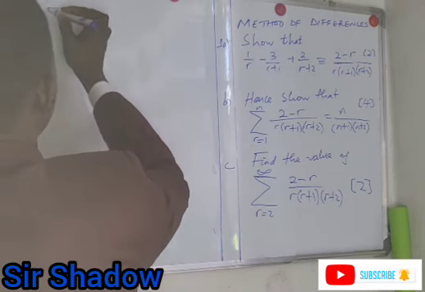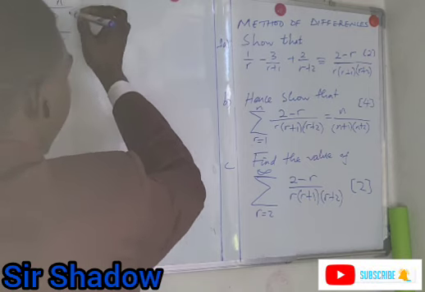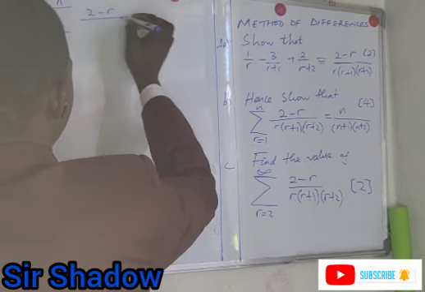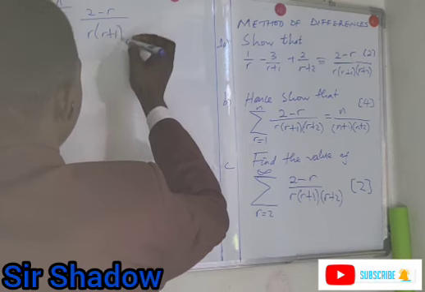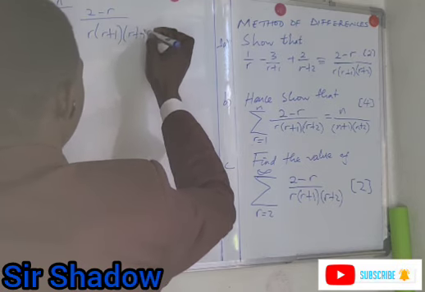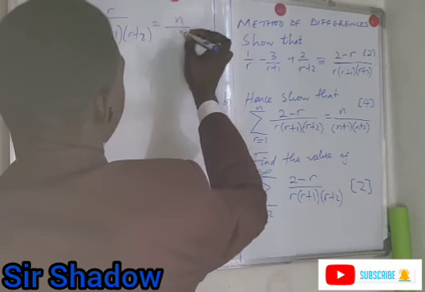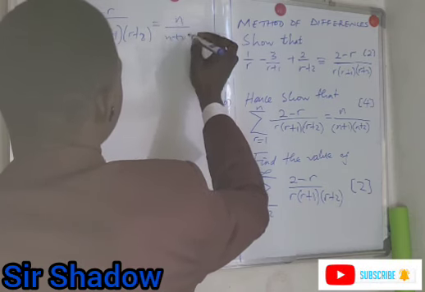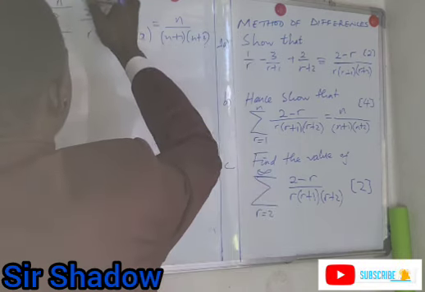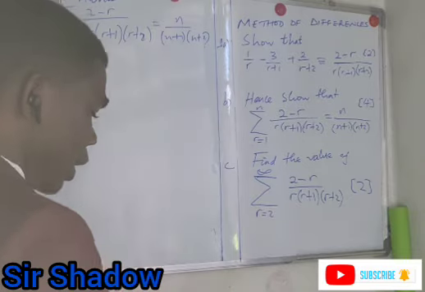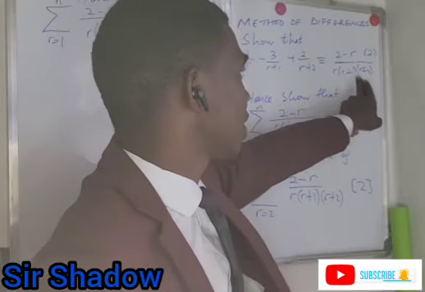So we have the summation of r equals 1 to n of 2 minus r all over r open bracket r plus 1 close bracket, r plus 2, which is equal to n over n plus 1, n plus 2. So the question said hence, meaning we have to use the solution above. But remember, this expression is equal to this expression.